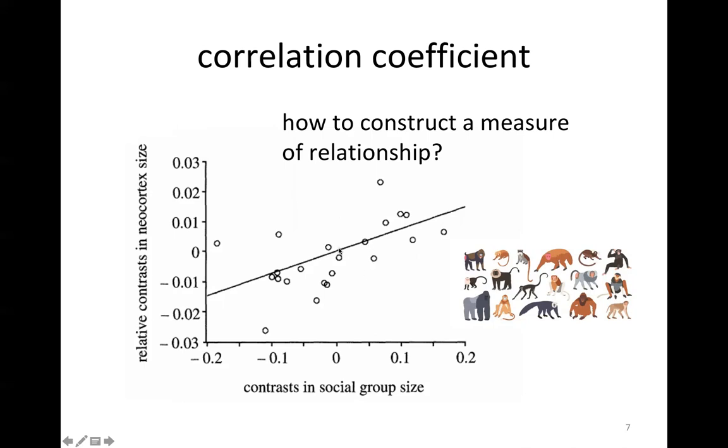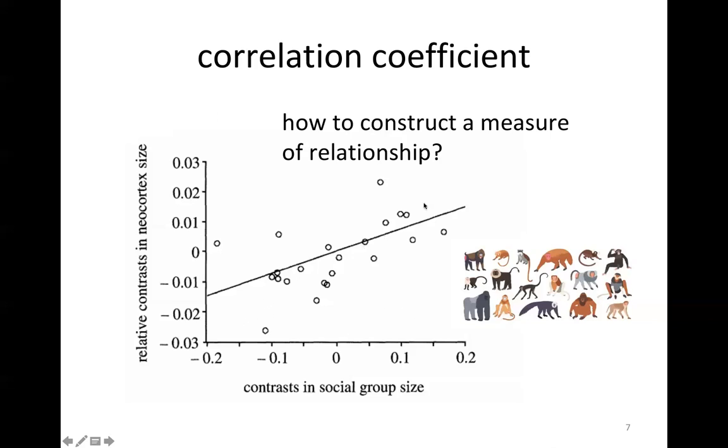Somehow it has to tell us about the togetherness of the values of the two variables, how much the x and y values, each point represented on the x and y axis, right? How much these x and y values deviate together from the mean. If there was no relationship, we would expect data points all over the place, right? So they would be deviating in this direction and also this direction, and this direction equally frequently. And then we would say there's no relationship.